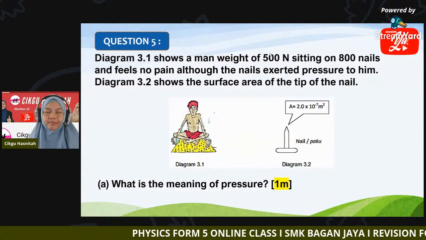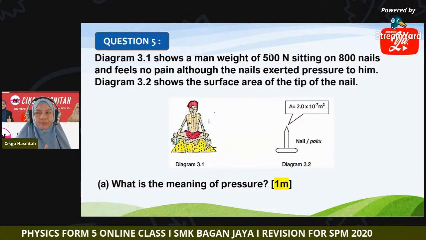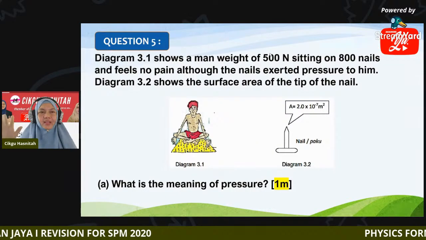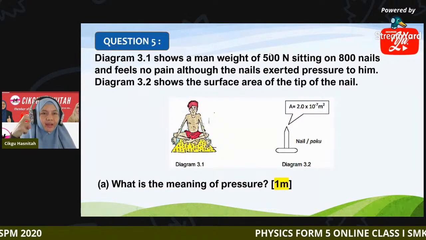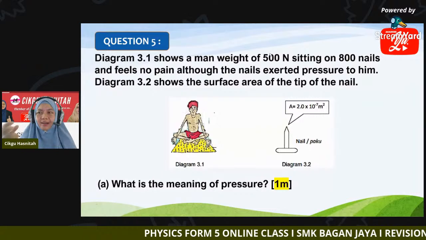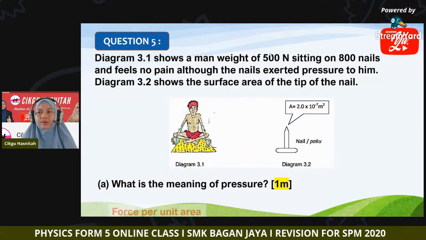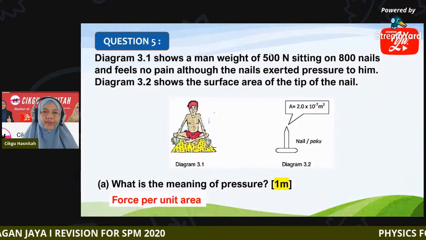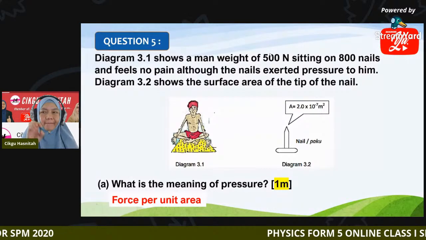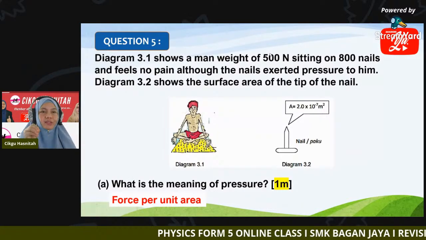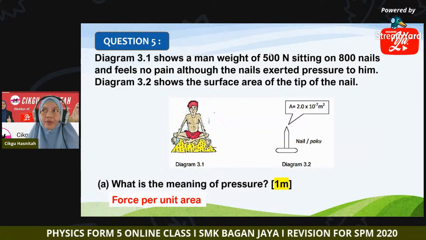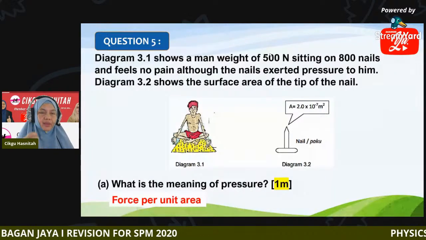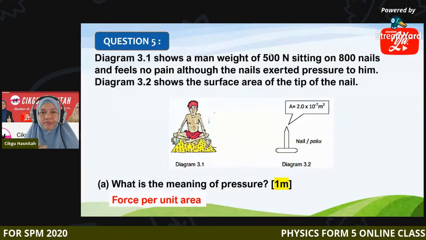Pressure. Everyone, pressure refers to? What is the meaning of pressure? You are familiar with this question. We already answered it many times in the classes before. So pressure refers to force per unit area. The word unit must be mentioned every time. Force per unit area, or you can say force acting on a unit of surface area.